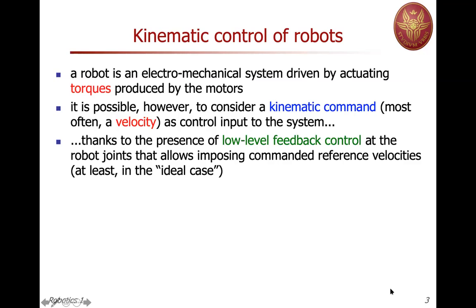So this is the reason why, from the point of view of kinematic control, which is, let's say, 90% of the cases, we can assume that the low-level feedback control is doing its job perfectly. This is the ideal case, and we only care about giving the right kinematic command as reference to it.